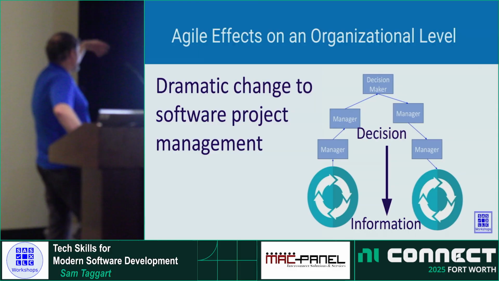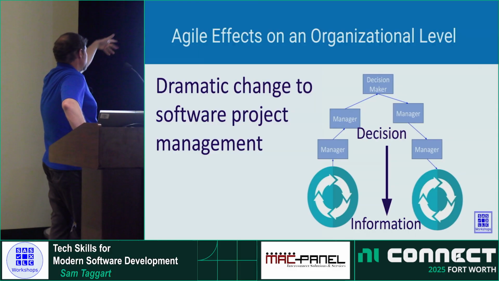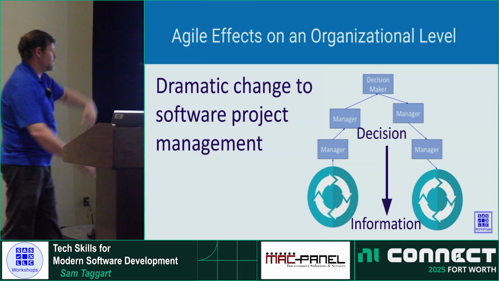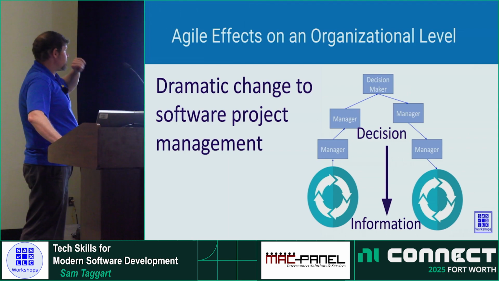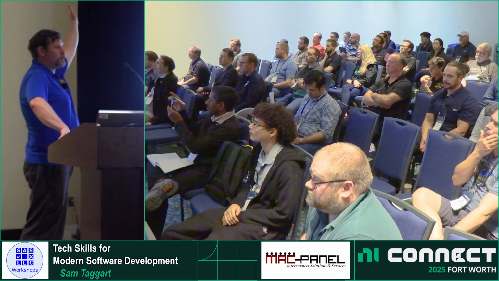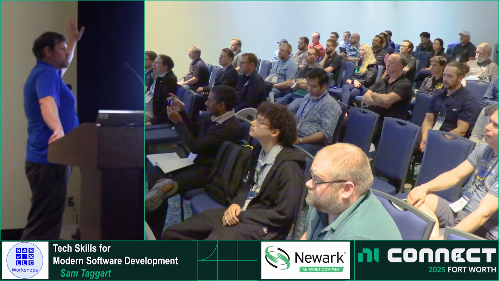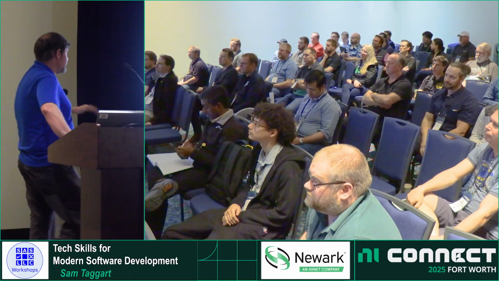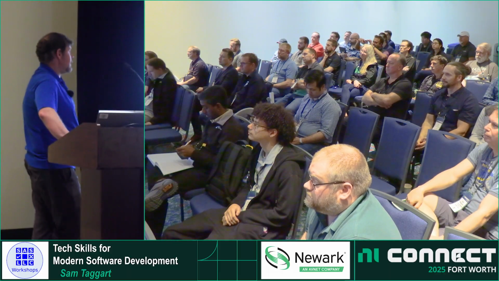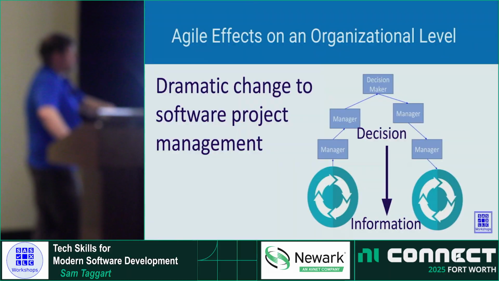And it's a dramatic way to change the way we manage software projects because we're trying to push the decision towards the information. So ideally, if your software developers are talking to your customer, how many of you are software developers and actually talk to your customers regularly? Okay, I should see a lot of hands. If you don't, you're missing out because there's a lot of information there. And so you make better decisions when you have more information.